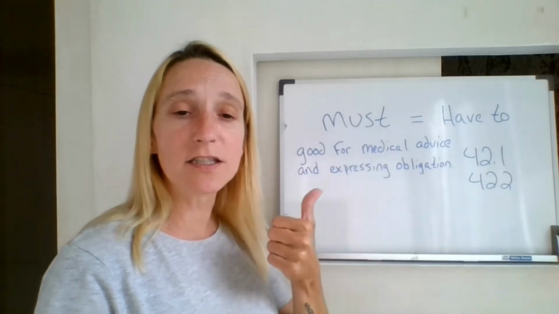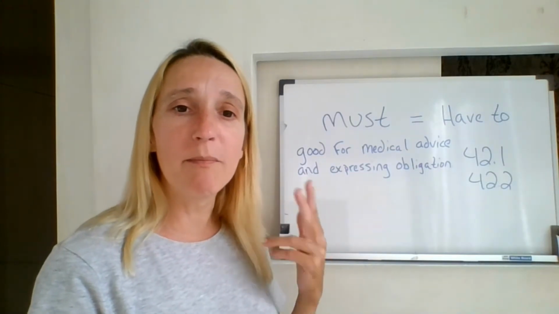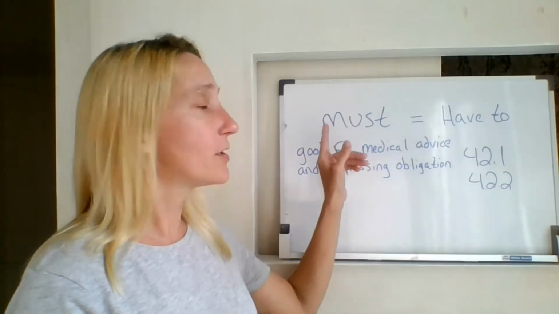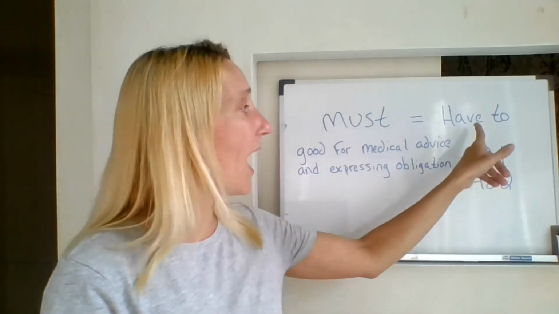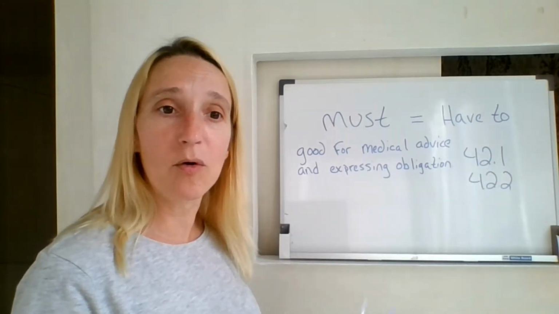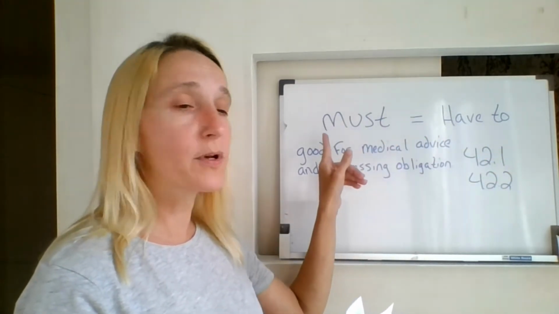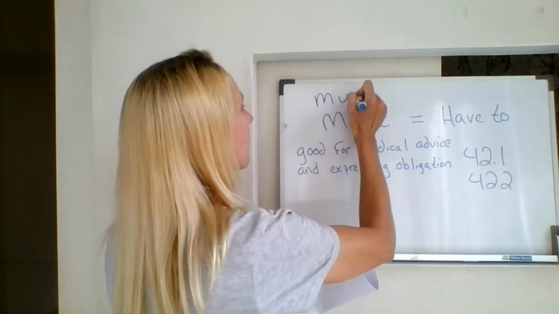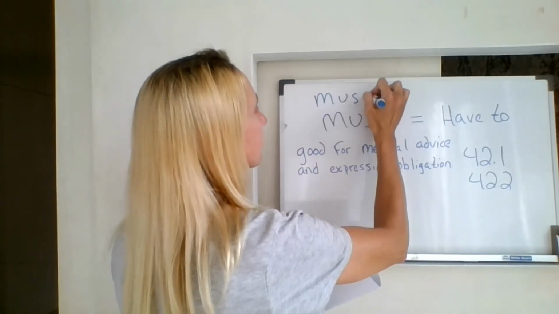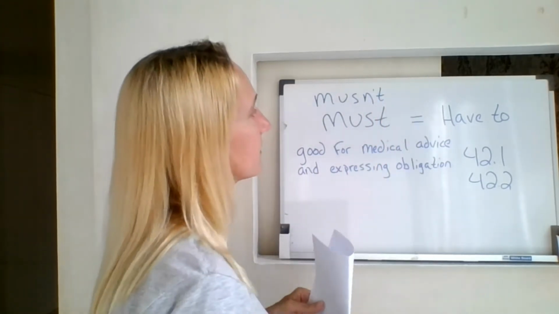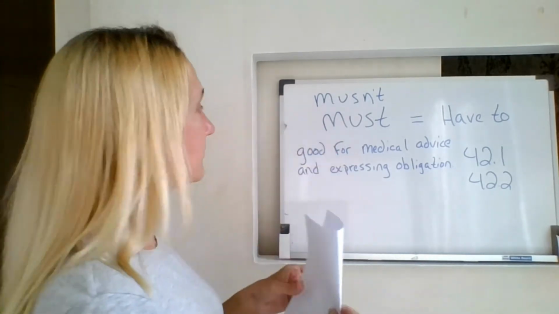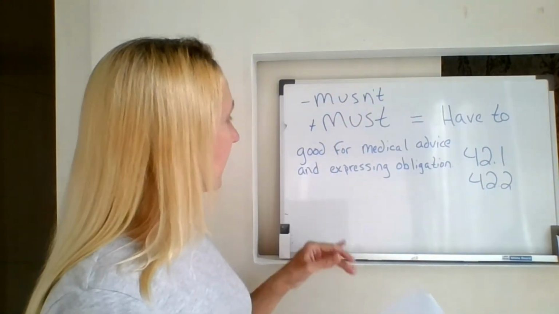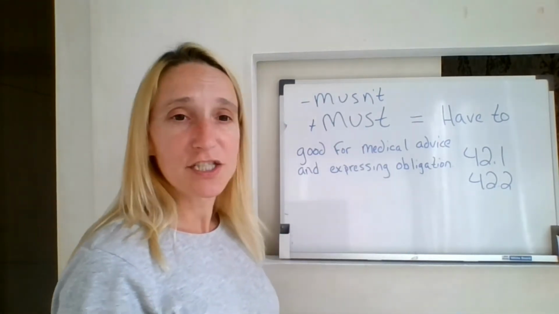So a doctor or a nurse or some sort of medical professional could be telling you to do something, and they will use the word must, or you have to do something, or you don't have to, or they would use the word mustn't. So mustn't is another one. Mustn't would be the negative. This is the positive, and that is the negative. Okay? Used for expressing obligations.